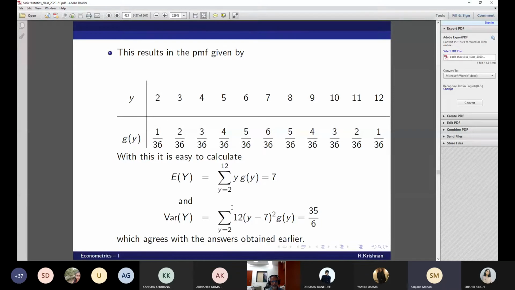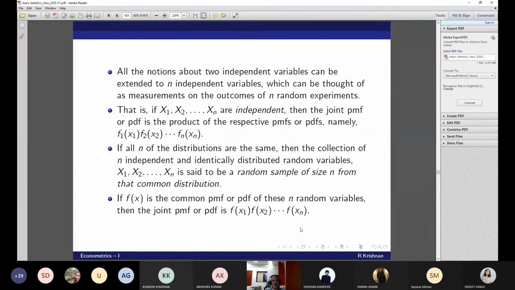It's summation only, right? The upper limit of summation. That's a typing mistake. In typing, this y equal to 2 is underscore, and the 12 should be the upper limit of the summation sign. I forgot to do that. So it should be the upper limit of summation. Is it okay? 35/6.